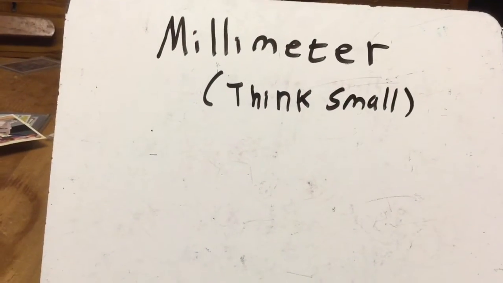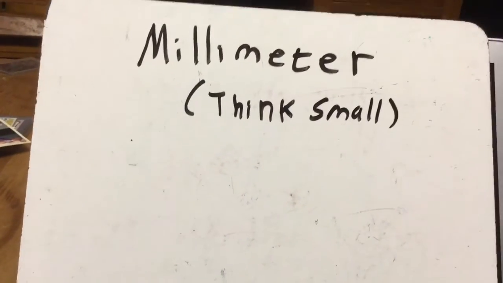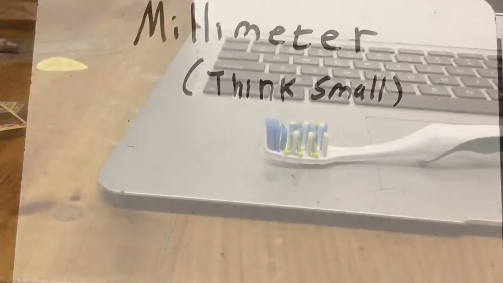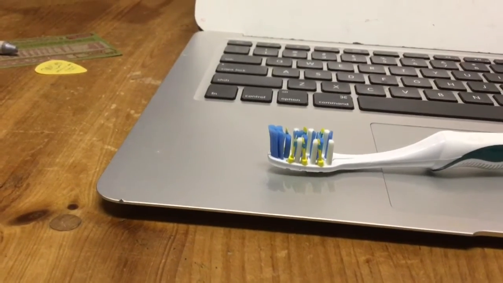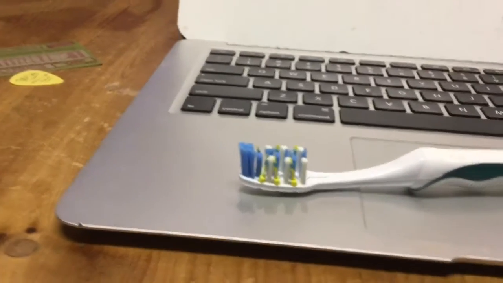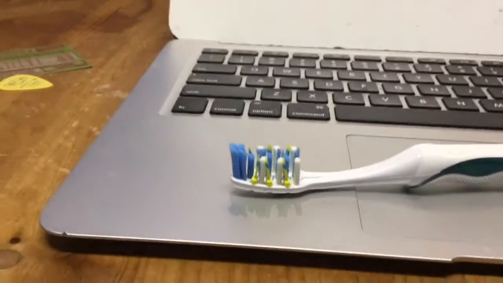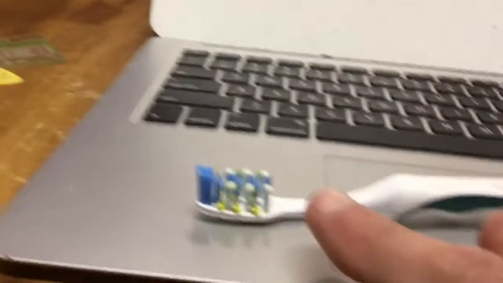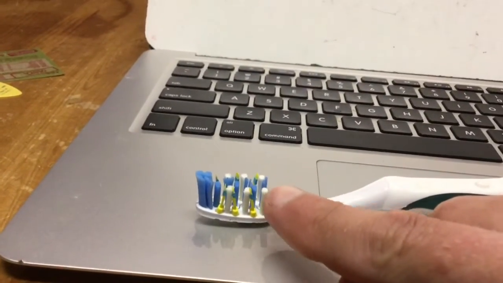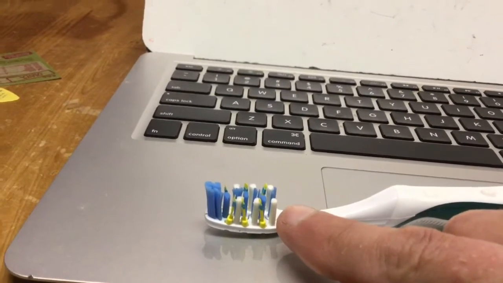Okay, let me go over these a little bit. So the first unit to consider is millimeter. Think small. What kind of objects would you measure with millimeters? So that's my toothbrush. To measure this, maybe the gaps between the bristles, I'd measure that in millimeters. Or how high is a bristle? Notice there's my finger for some space relation there.